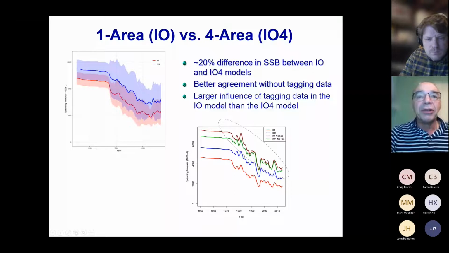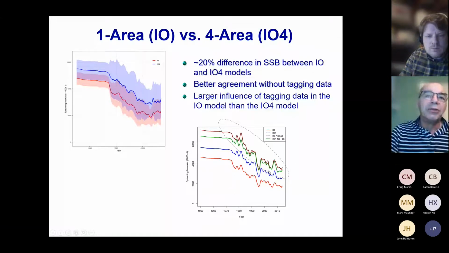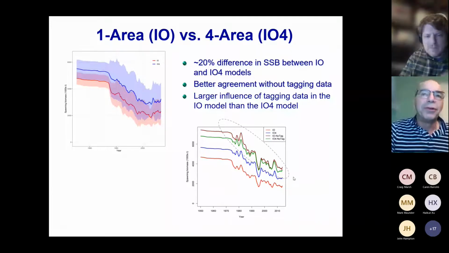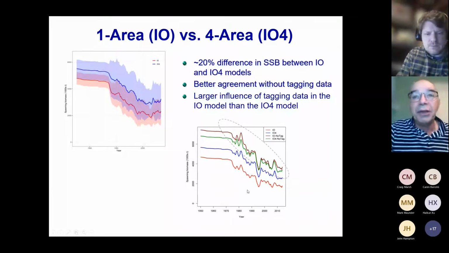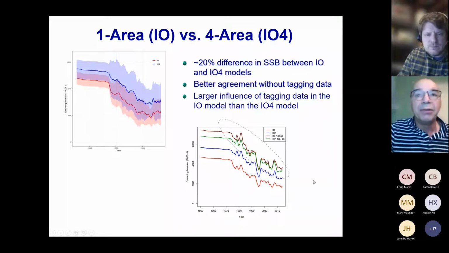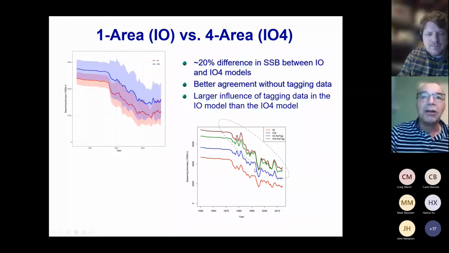But it clearly also shows that the tag data are influential in driving the overall result to a higher level. As the multifan team, I think we would look further into the effect of the mixing period and whether or not that influenced the overall sense of mortality that we're getting out of the tag data.